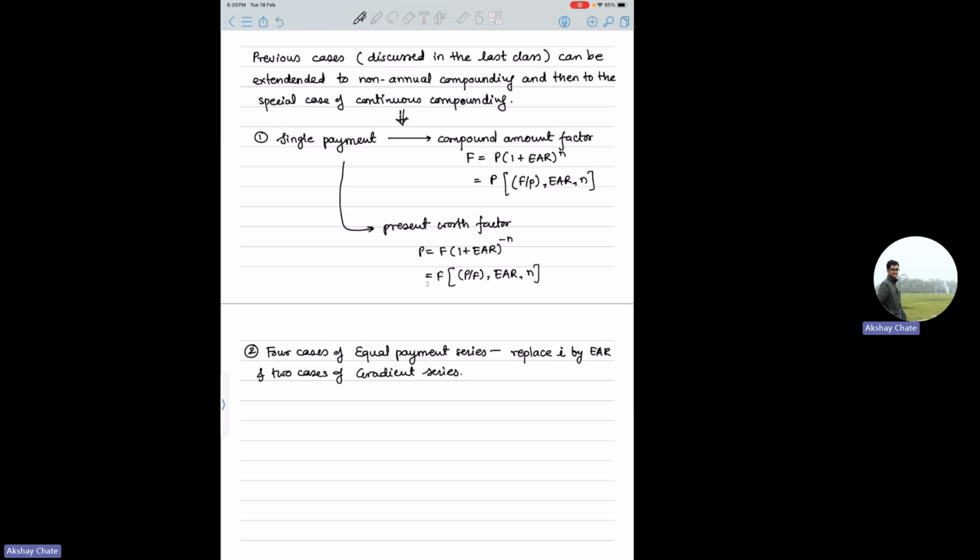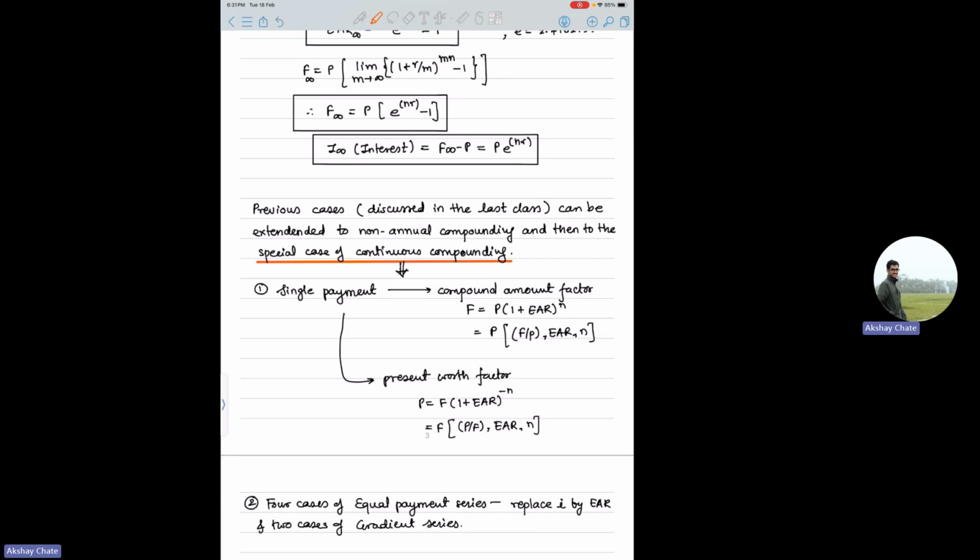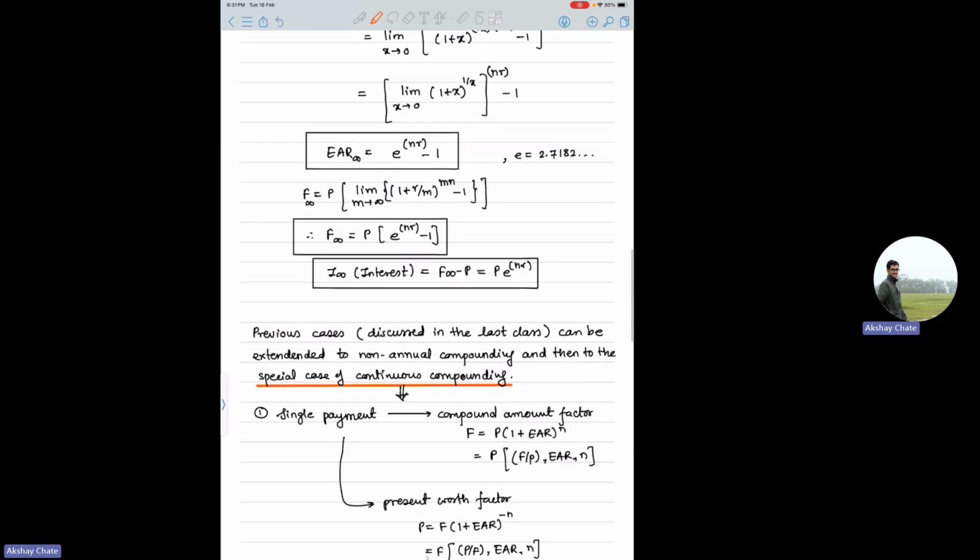Now the special case of continuous compounding. In this case the formulas slightly differ, because now you replace this I in our previous formula by EAR infinity, which is e power nr minus 1.